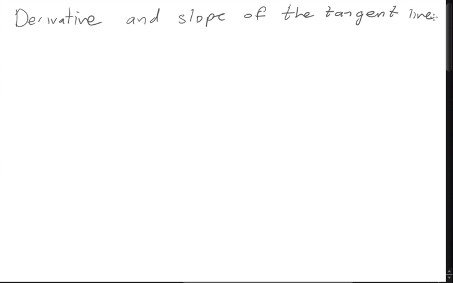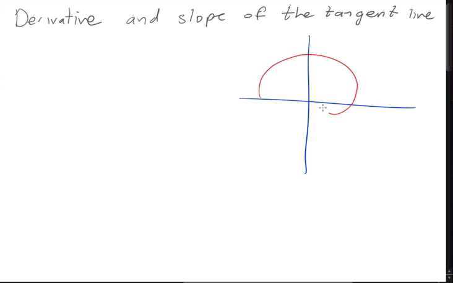Okay, so let's say you have a parametric curve, and you have, I don't know, something like that, like how a paper airplane flies or something. And you want to find the slope of the tangent line at a point, right?